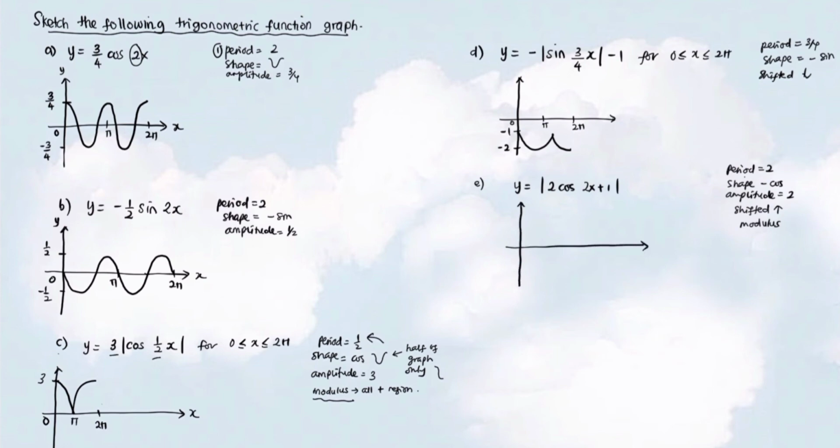So let's sketch the graph. Two cycles. Amplitude is 2, -2. Shift the graph upwards. 2 plus 1 is equal to 3. 0 plus 1 is equal to 1. -2 plus 1 is -1.